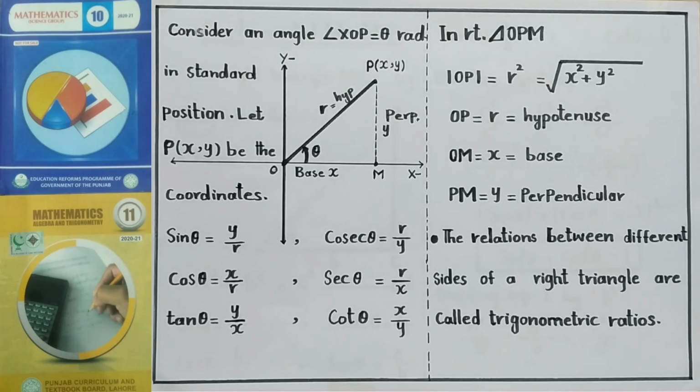What is trigonometry? Now first of all we will define it. The word trigonometry is derived from three Greek words: trigonia, metron. Tri means three, gonia means angles, and metron means measurement.